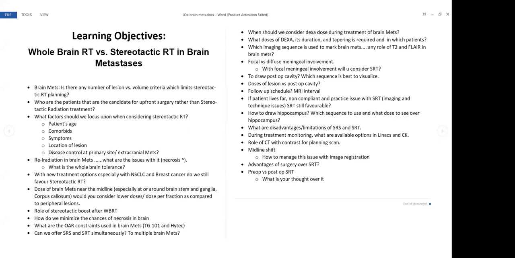We also discussed whole brain radiation therapy, how we select our patient and the different tools we use in each scenario.